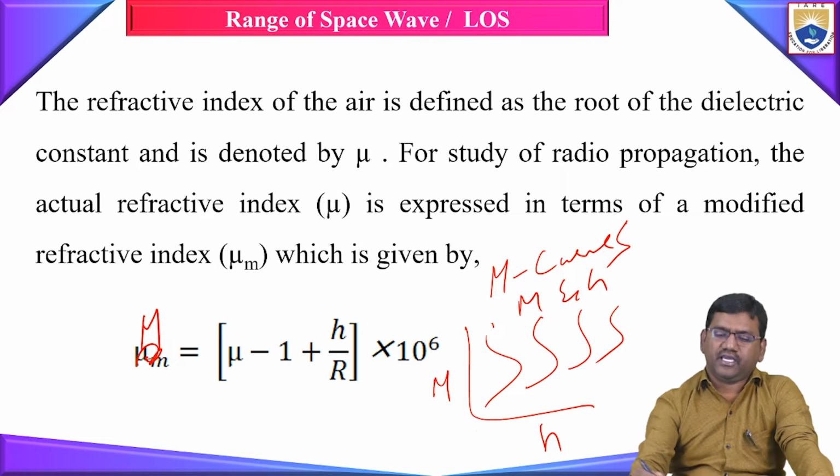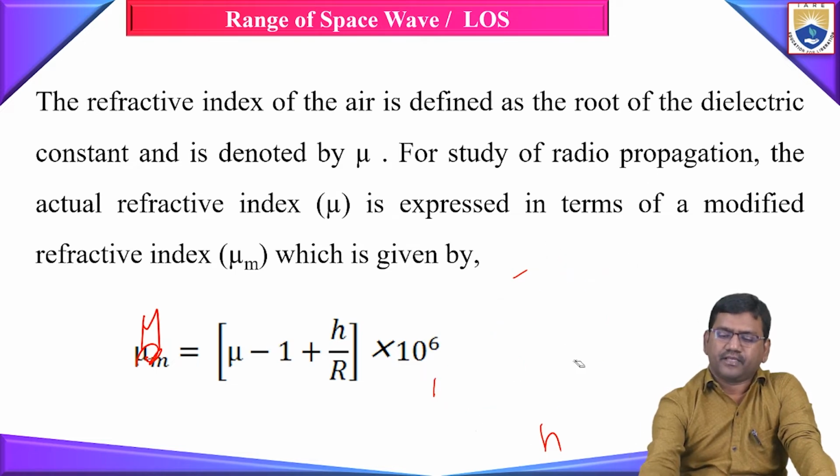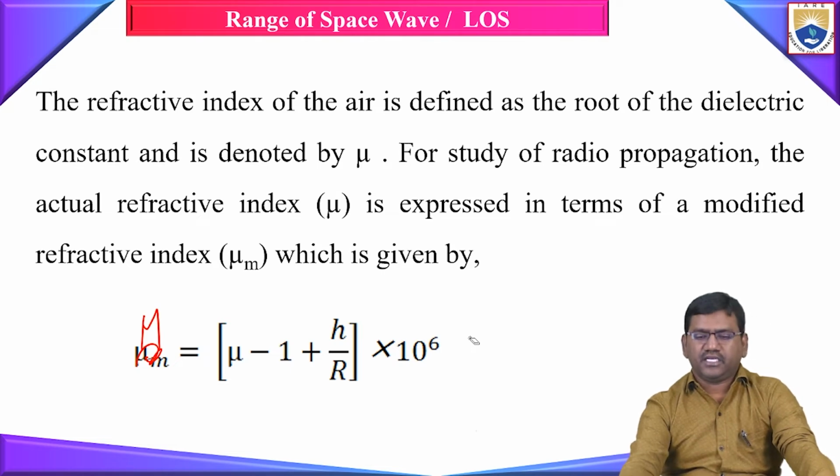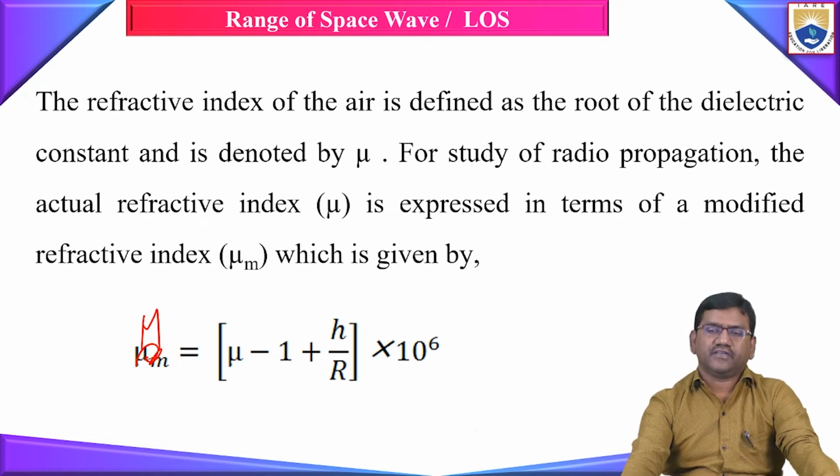The refractive index of the air varies as the signal propagates from one layer to the other. The refractive index of the air is defined as the root of the dielectric constant, denoted by mu.